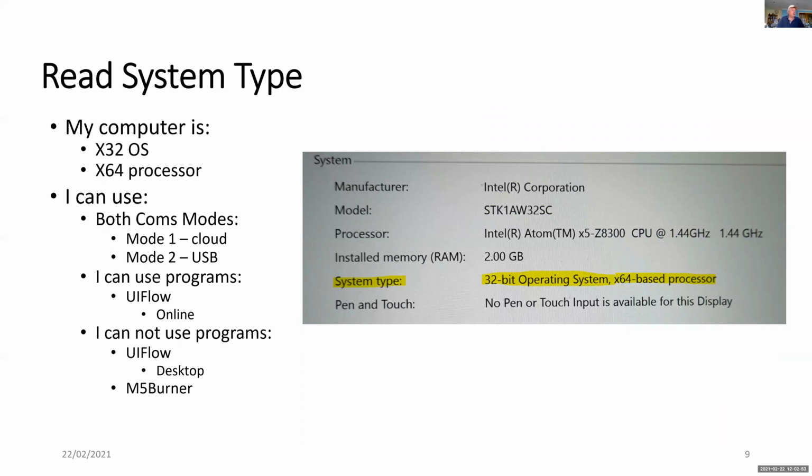The trouble with this is that I can't use some of the programs from M5Stack. I can't use the desktop version of UIFlow, and I can't use the M5Burner. But it's still possible to do the majority of your work on this computer, and I'll have a look at that later.